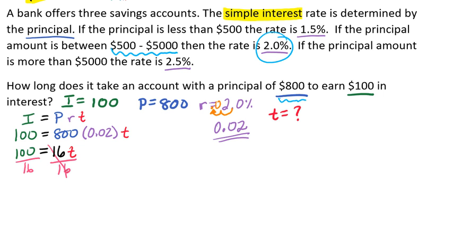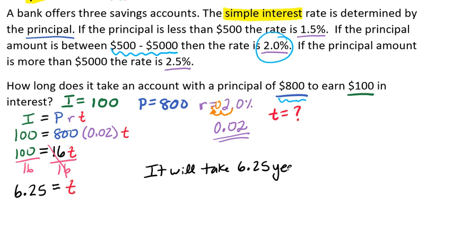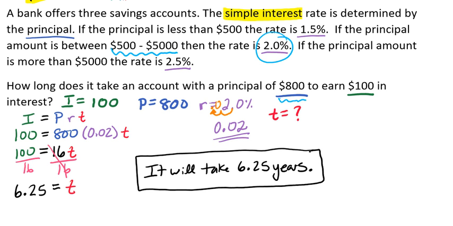Then we're going to plug into our calculator 100 divided by 16, and we're going to get 6.25 equals our T. So that tells us that it will take 6.25 years to earn $100 if you start with a principal of $800 using the interest rate 2%.